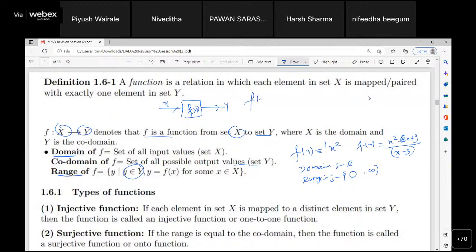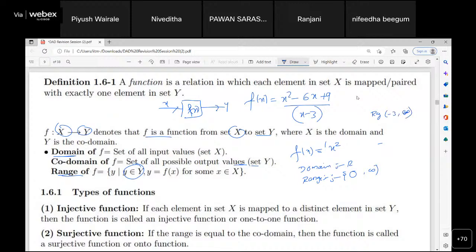I will write it down here. The range will be -3 to infinity.